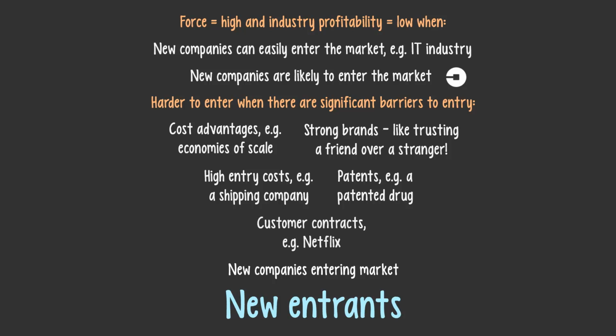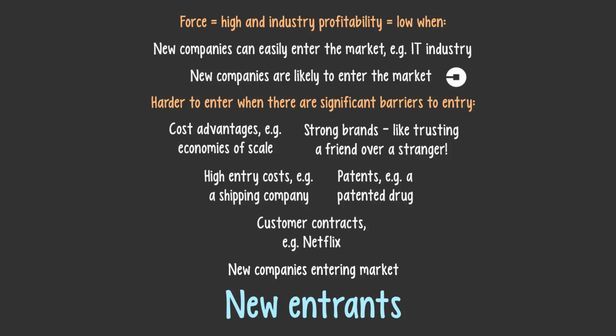And the final barrier to entry that we're going to look at here, it's not the only barrier to entry you're ever going to find, but the only ones we're going to look at here, is customer contracts in place. So this means if a company has a contract with its customers, it's going to be very difficult for a new company to come in and get those customers onto their own contracts.